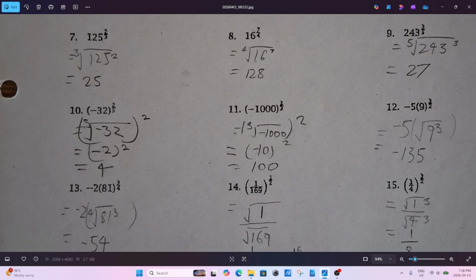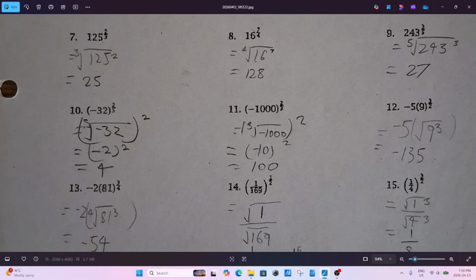8, 16 to the 7 over 4 is the fourth root of 16 to the exponent 7. So what number times itself 4 times is 16? That is 2. And then 2 times itself 7 times is 2 times 2 times 2 times 2 times 2 times 2 times 2, which is 128.